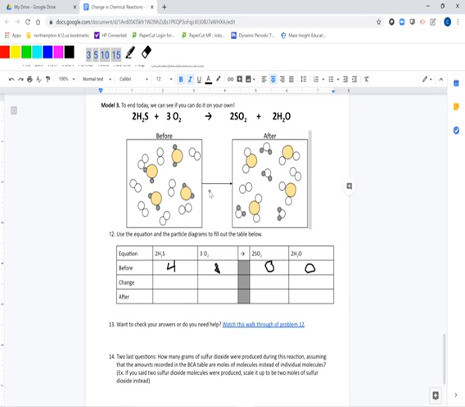Now, we have the change. So, let's see. We have enough, right?